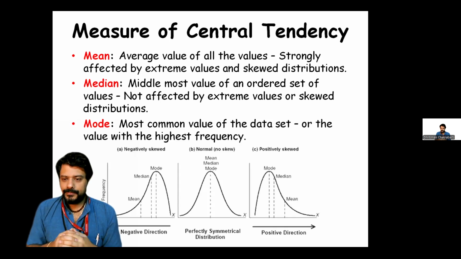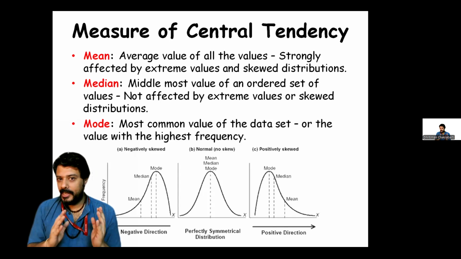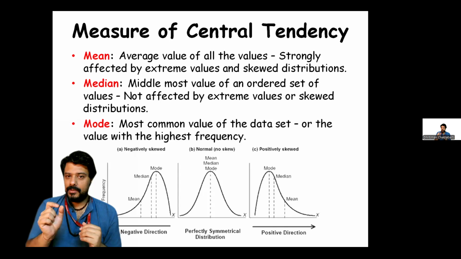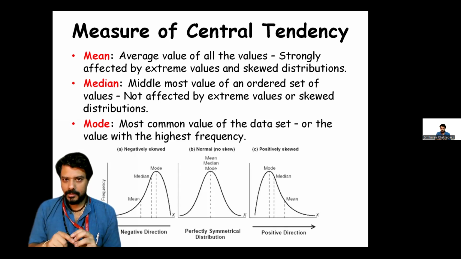Okay. So at the outset, I'll just tell you that mean is useful when you have got actual numeric data, which can be expressed as integers or as decimals, and in which the difference between the levels is fixed, like the interval scale that we talked about in the last video.